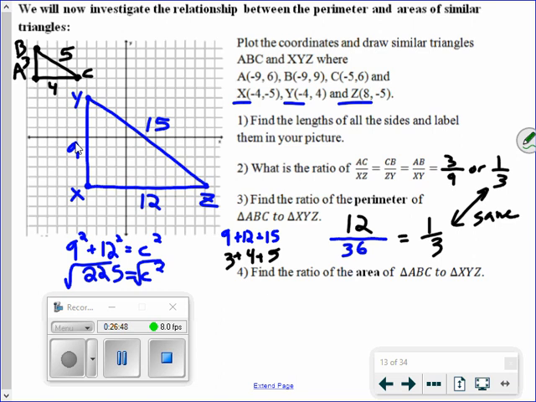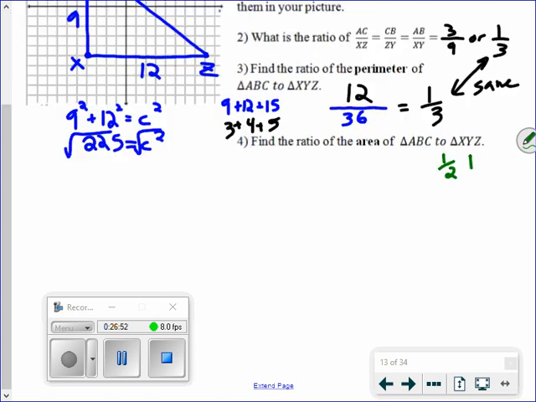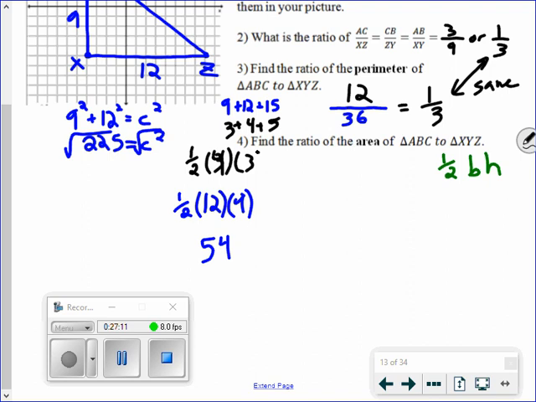Okay, so area of a triangle is 1/2 base times height. So for the blue triangle, I would have to do 1/2, the base is 12 times the height of 9, and this would give me 54. For the smaller triangle, I'd have to do 1/2, the base was 4 and the height was 3, and this would give me 6.